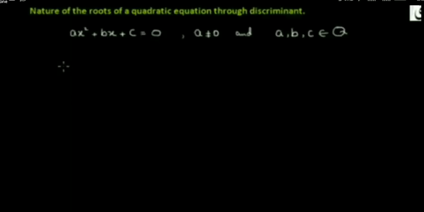Students, I've written a quadratic equation here. From this equation, let's write the quadratic formula, that is minus b plus minus square root of b square minus 4ac over 2a.